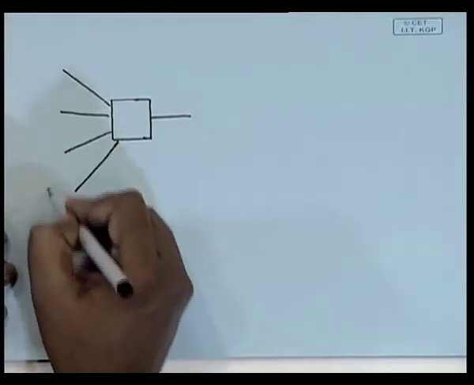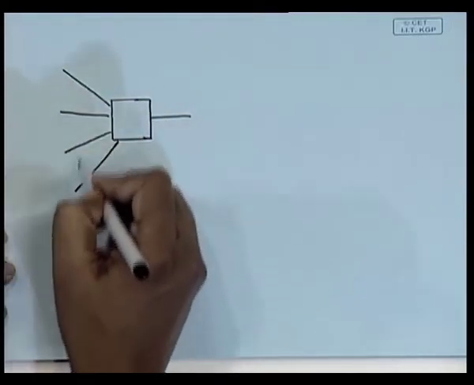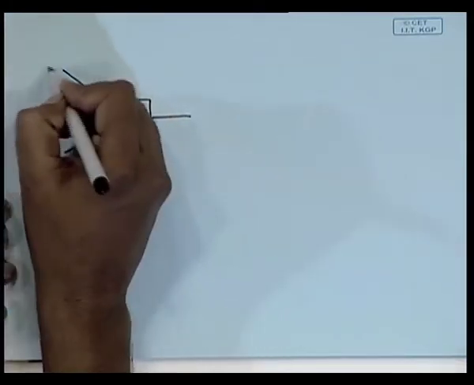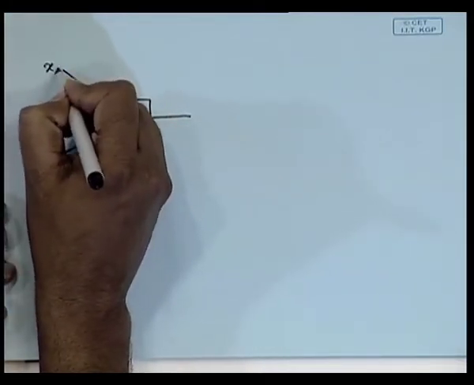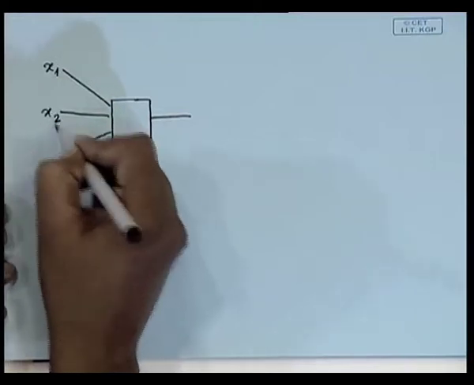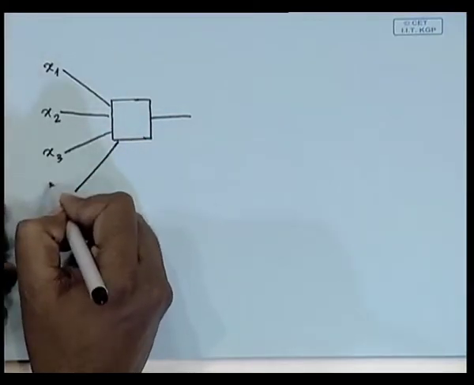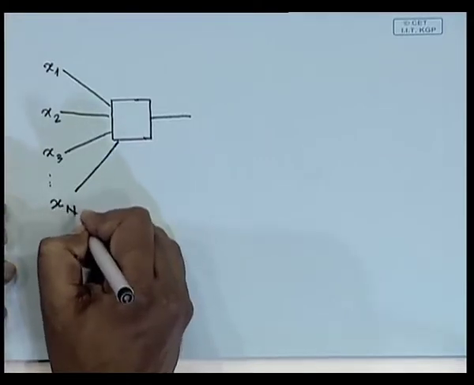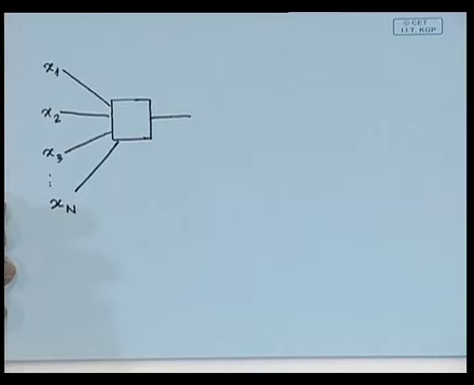I give the feature vector as input to this neuron, with components x1, x2, x3 up to xn, if I have an n-dimensional feature vector.